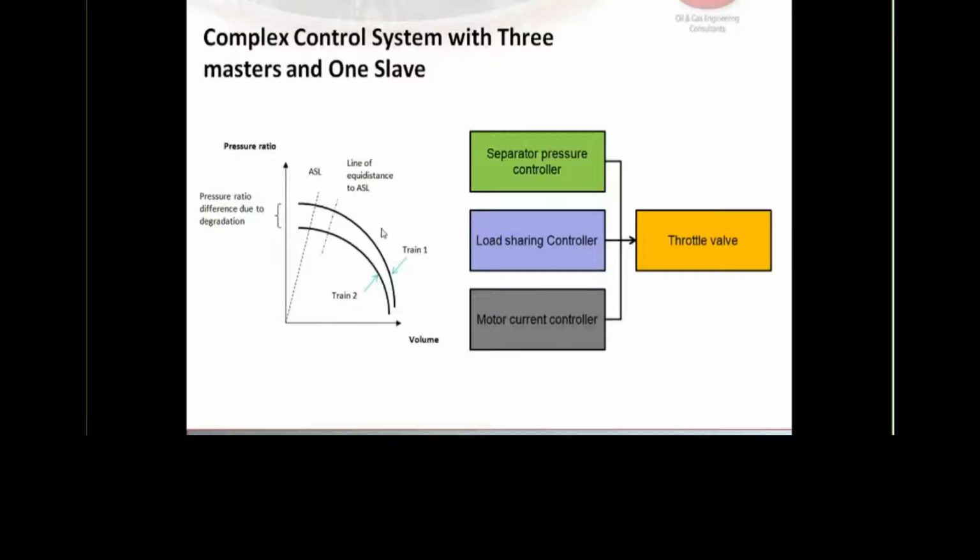But if you have dissimilar performance for both trains, then even though you have the same distance from the operating point to the anti-surge line, you would actually obtain a different pressure ratio across each compressor train. So in this case, train 1, which has more pressure available, will always try to suck more gas from the suction manifold, and train 2 will be left with just the gas that is available.